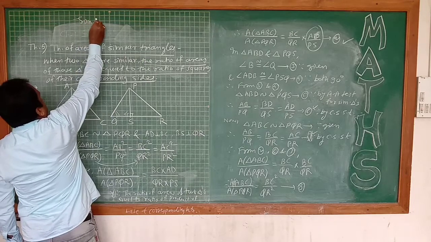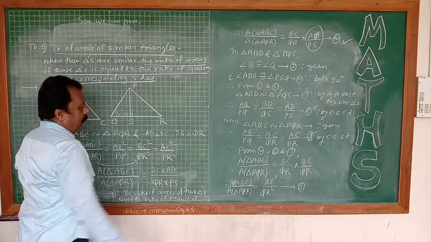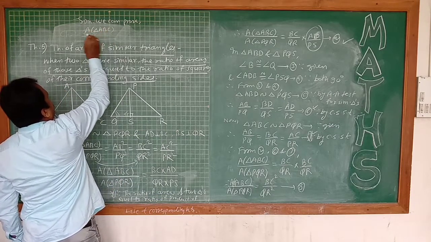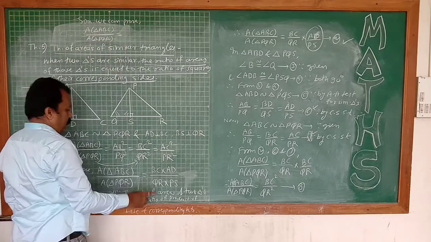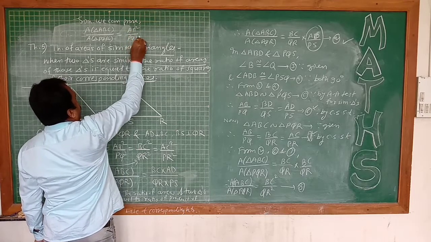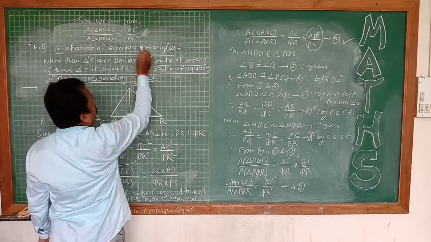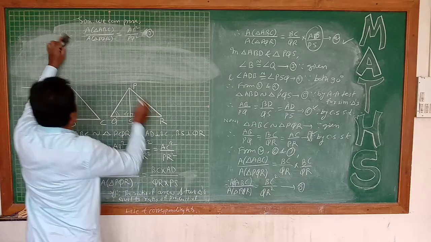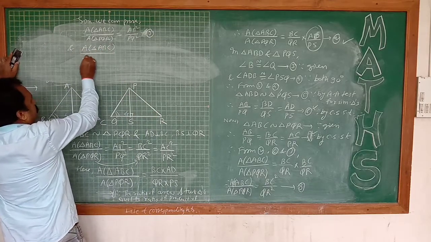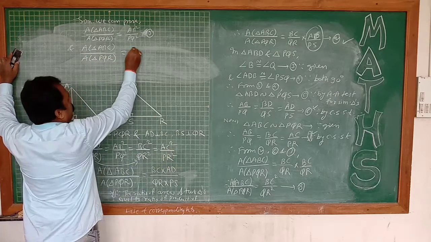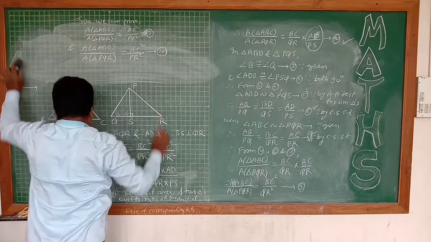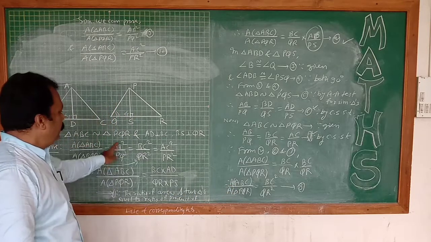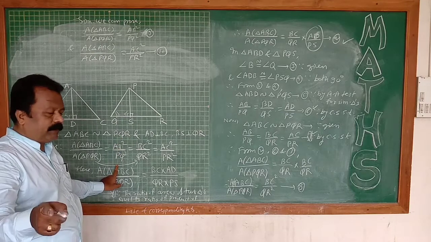Similarly, we can prove that the area of triangle ABC divided by the area of triangle PQR is equal to AB square upon PQ square. This is equation number 9. These two results we can get by a similar method. It is not necessary to prove all of them. Once you get one ratio, BC square upon QR square, then we can show the others like this.